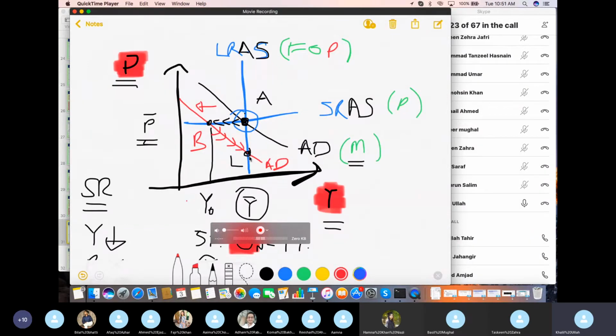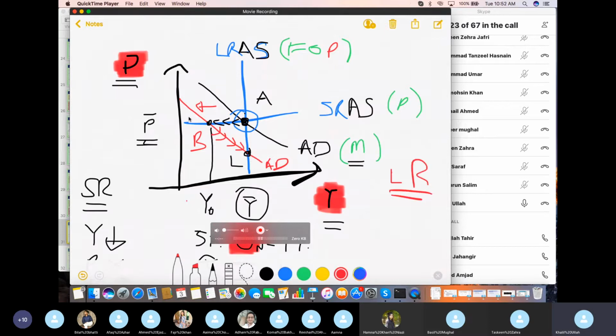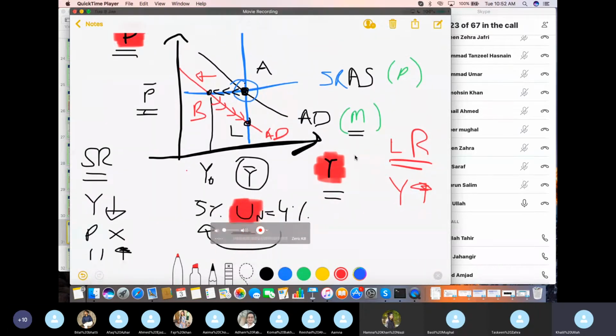What's happening at point L in the long run? GDP starts increasing from Y0 back to Y bar, its natural rate of output. That's the maximum they could have produced. When production increases, unemployment decreases because people are being employed to increase the production.